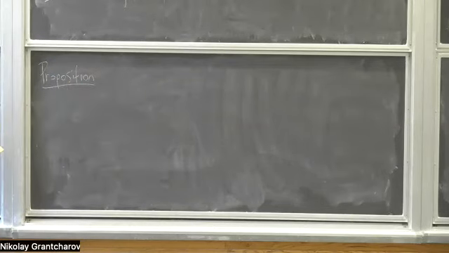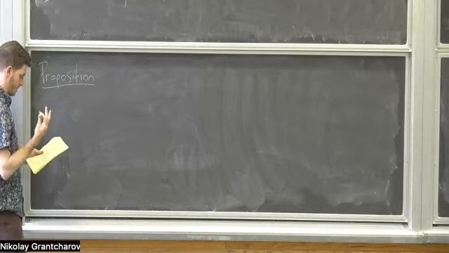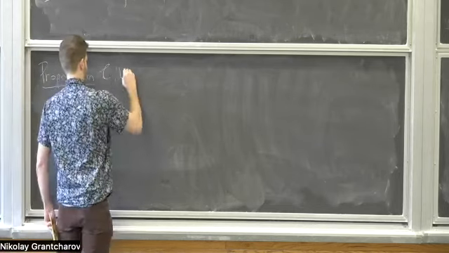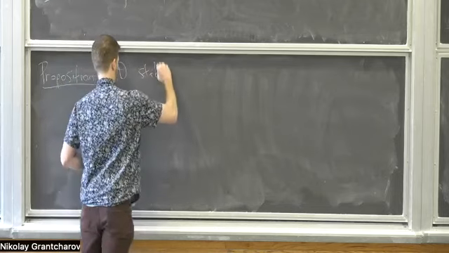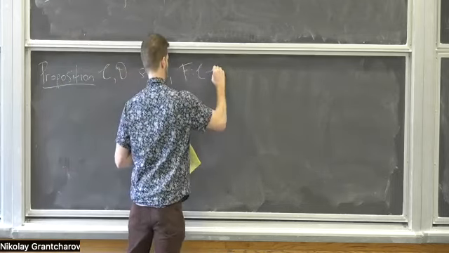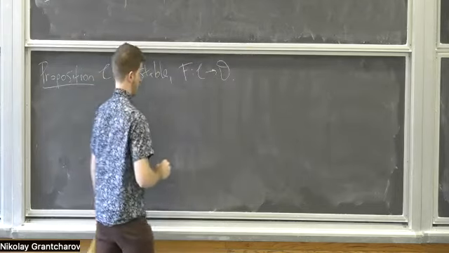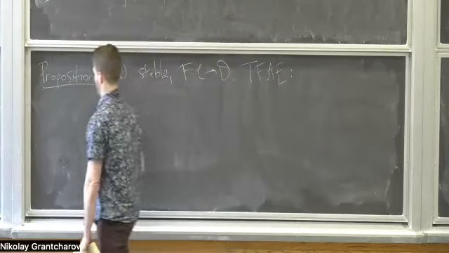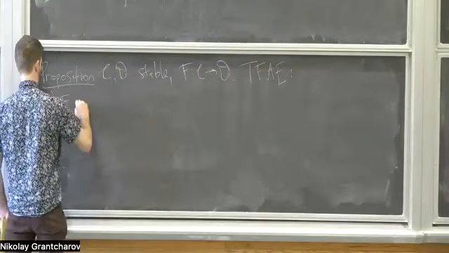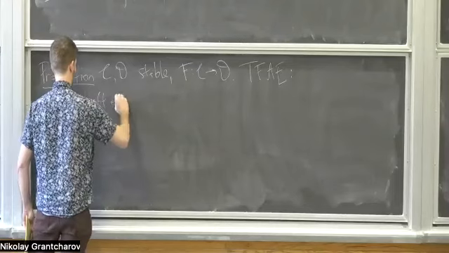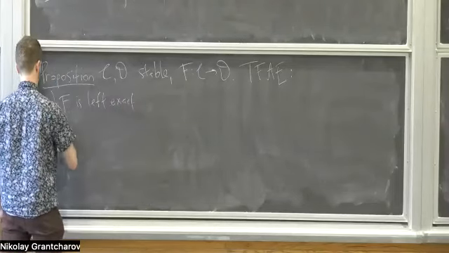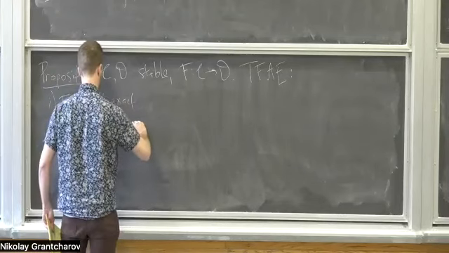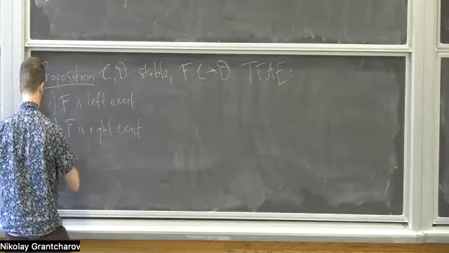Many of these propositions I'm stating are also very doable exercises in trying to use these definitions. So in case C and D are stable, and I have a functor between two stable categories, the following are equivalent: being left exact, and being right exact, and then of course, when those are equivalent, that's the same as being exact.